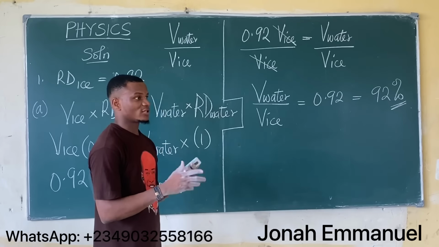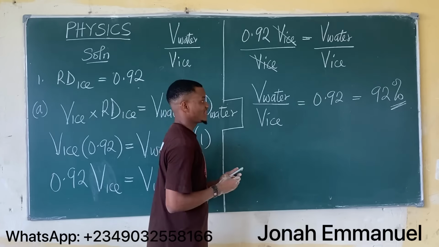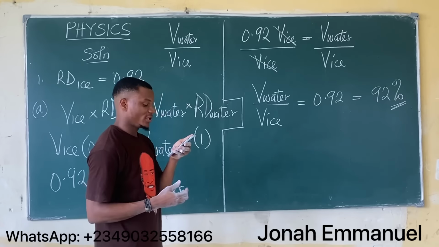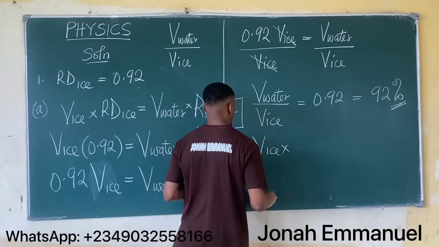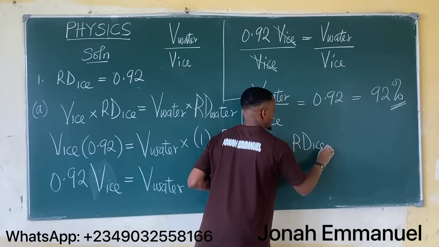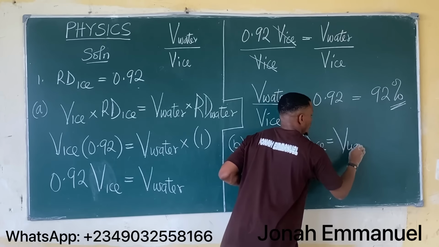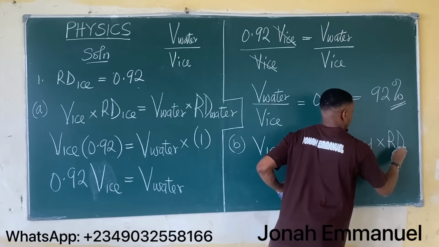So always remember that the idea is to get the ratio of the volume of water to the volume of ice. If they say, like in the B part, the paper says, when floating in a liquid, my task would be to look for a way to get volume of the liquid all over volume of ice. That's all. So for the B part, the same concept applies. It becomes volume of ice times relative density of ice is equal to volume of the liquid times relative density of the liquid.